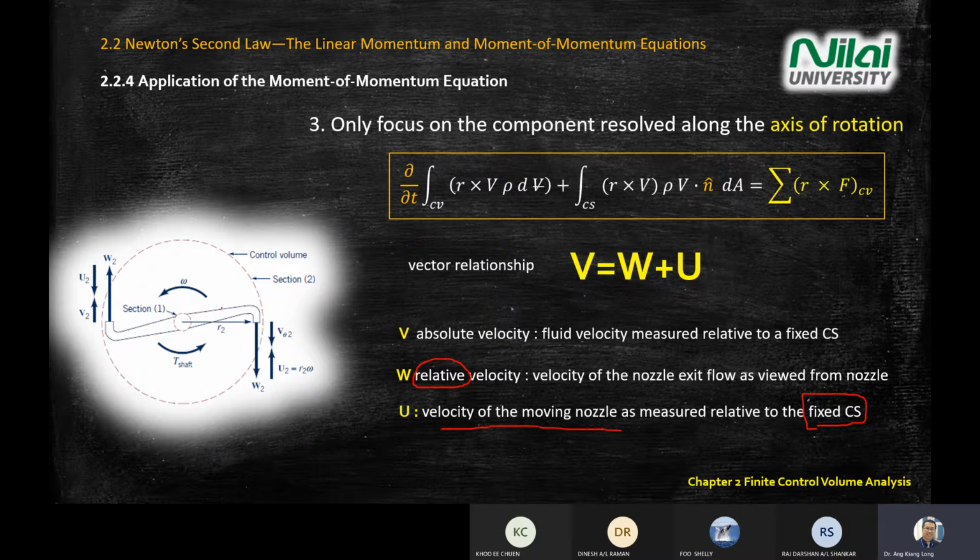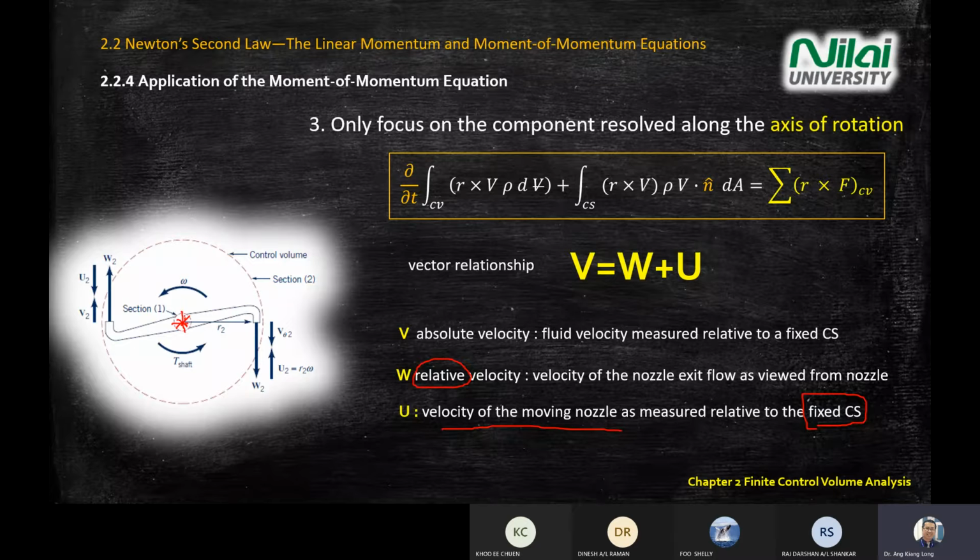Now, if you look at the left hand side of the diagram, I'm going to explain what V, W, and U are. The W2 is what you see from here. This is your reference plane, because you are looking from the Z rotation axis.